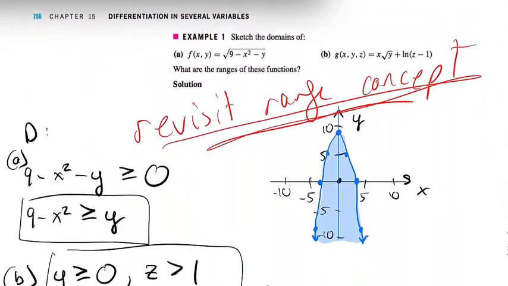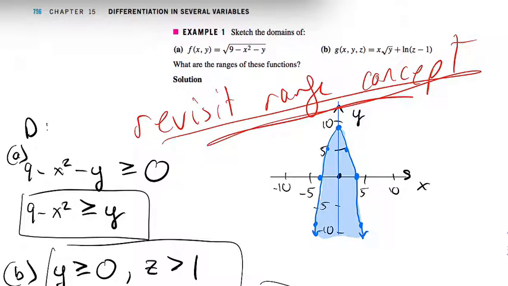Now I'm backtracking because I wanted to revisit example one. We did this in class and it was fine. Example one asks us to talk about the domain of these two functions. In A, we had a function of two variables, and we're talking about domain, so we're thinking of the possible set of inputs. The main function is a square root, and we can't take the square root of a negative.